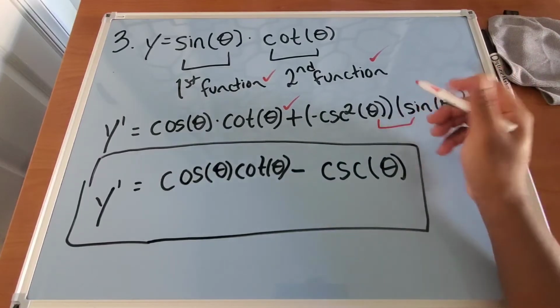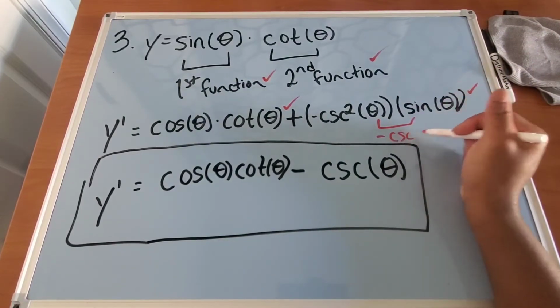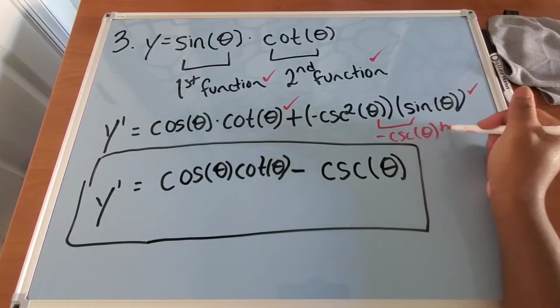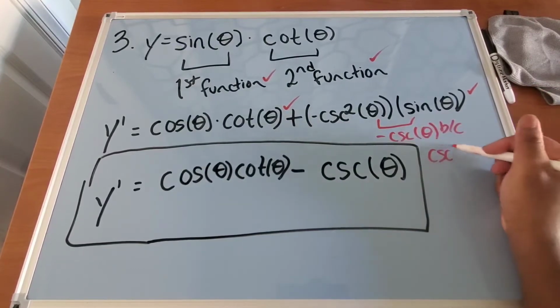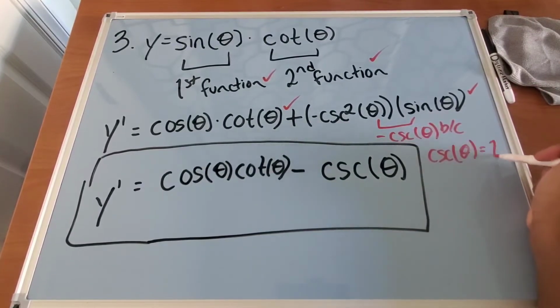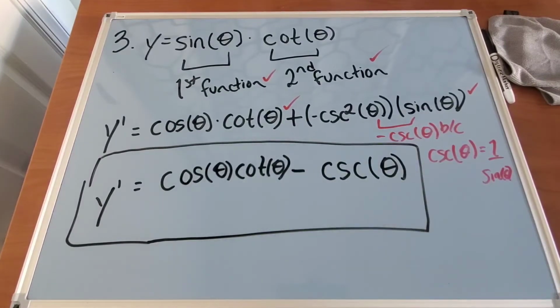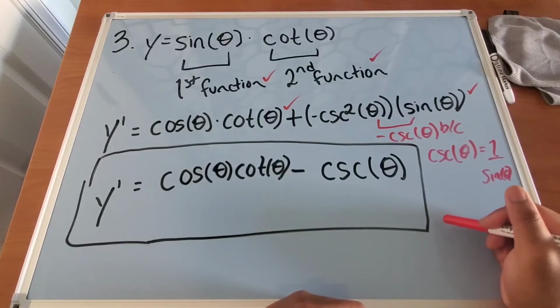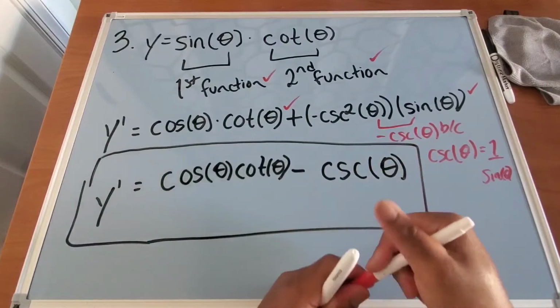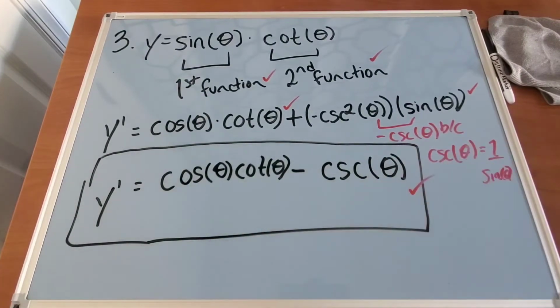This comes out to just negative cosecant theta because cosecant theta is equal to 1 over sine theta. So that uses a trig identity and it uses the reciprocal rule. It's basically a 1 over x times x is 1, except with trig functions. And then we just got our final answer right here. So this is right. And that is question 3.